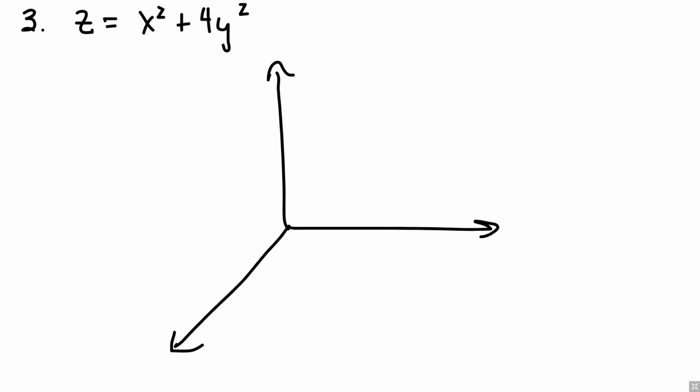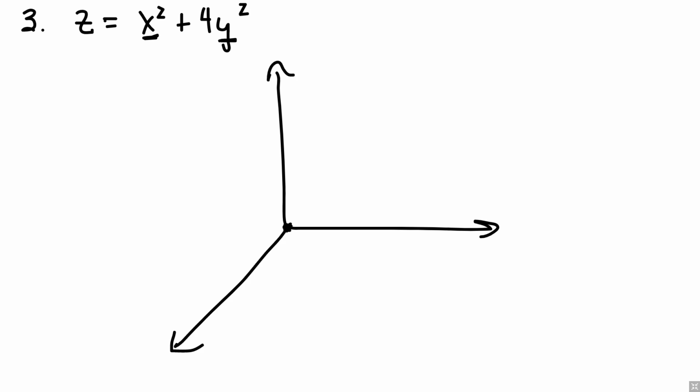If I made z 0, basically what I'm going to end up with is the point 0, 0, 0, because that's the only way it would be true. Since it's x squared and y squared, there's no way that z can ever be negative. It's not going to go into the negative sense.